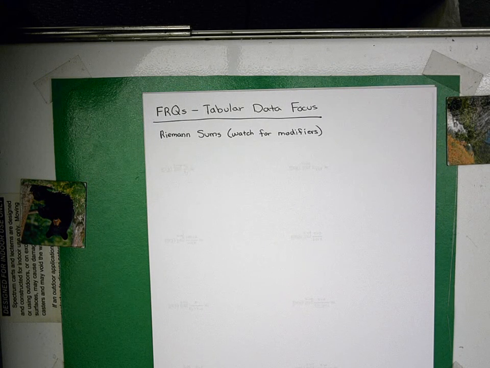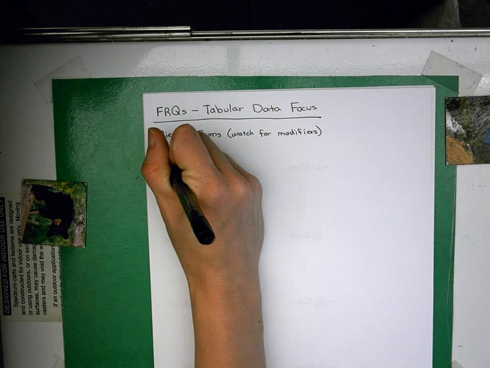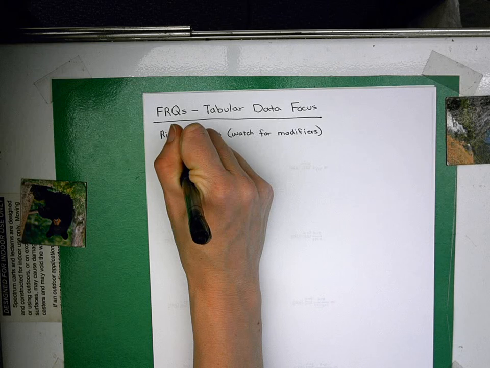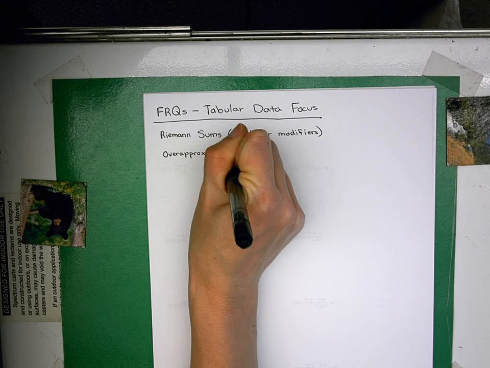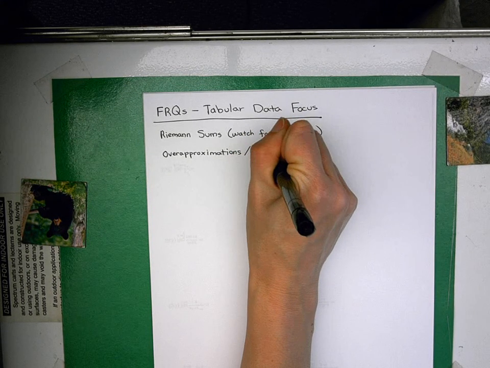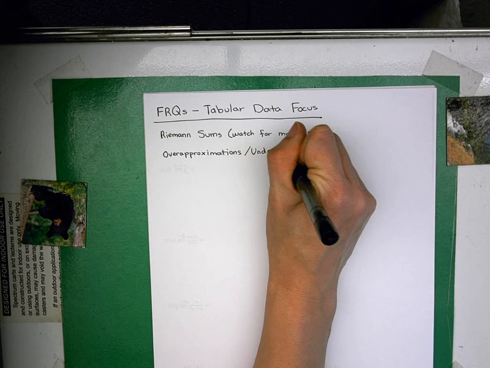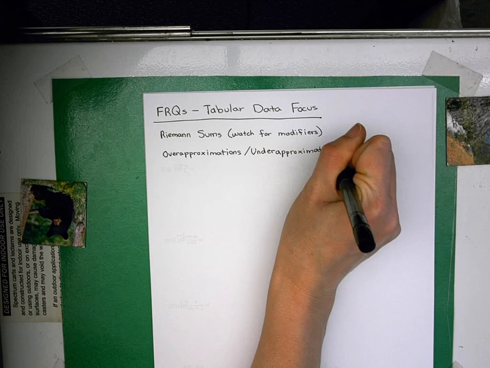Okay? Other common ones when it comes to specifically tabular data are questions about over approximations or under approximations. And again, look in your 4.6 notes for both of these ideas. We practiced both of them at the time. We're going to be re-looking at them today. They like asking that kind of question.